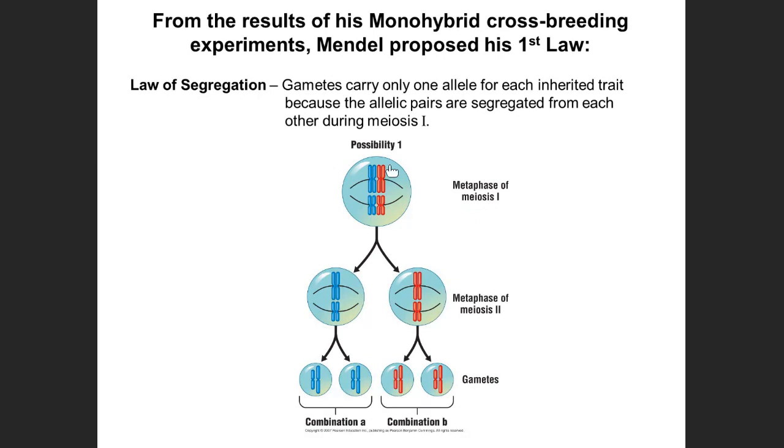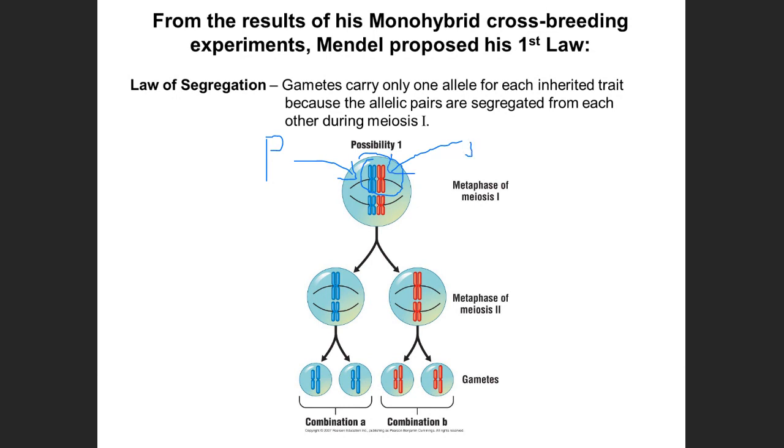Therefore, if we were to look at just this homologous pair, at the same gene loci we find a pair of alleles for the same trait. Let's say on the paternal DNA I have a dominant allele, an uppercase P, and on its homolog I have the recessive allele, a lowercase p.